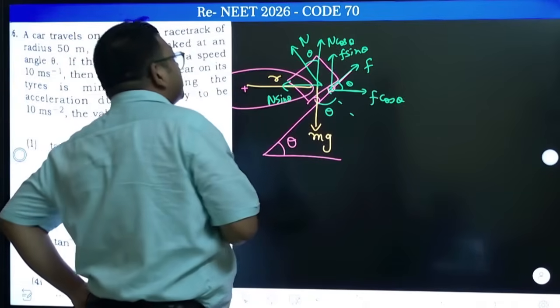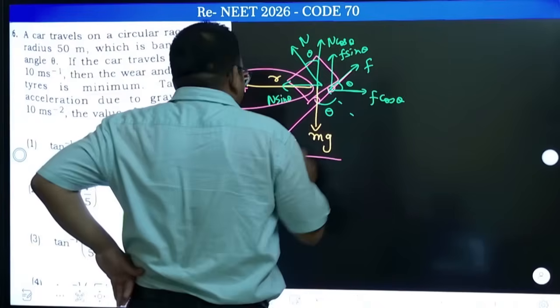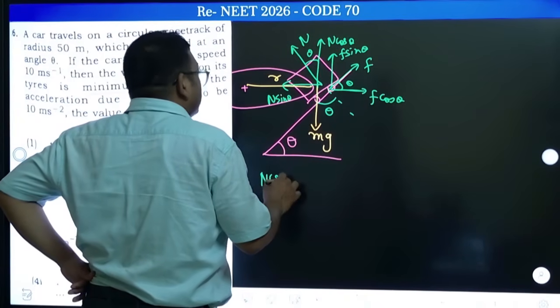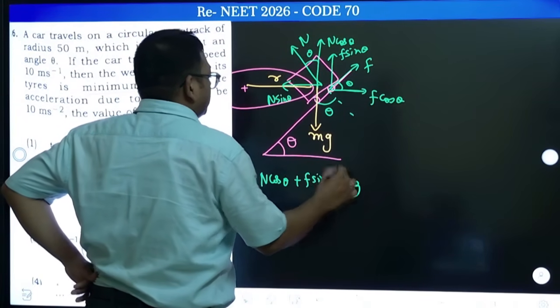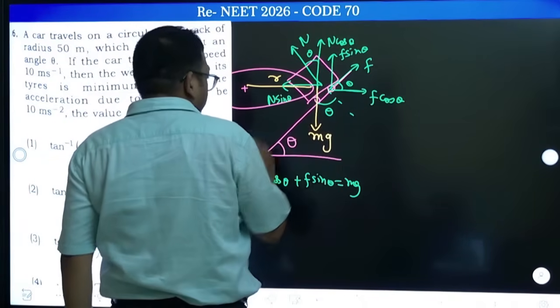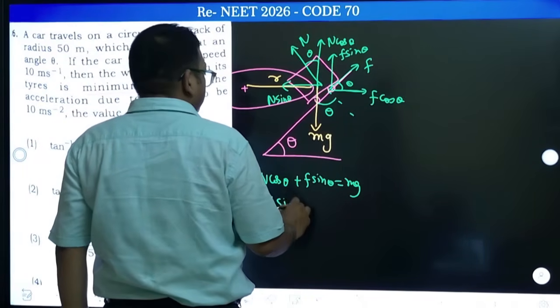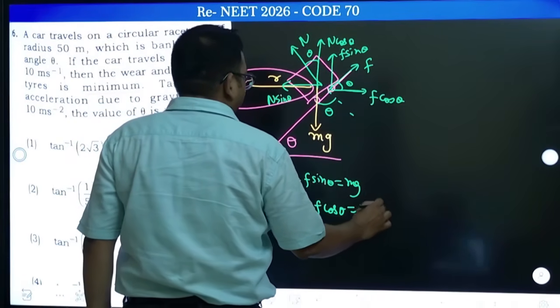Balancing: normal cos theta plus friction sin theta is equal to mg, and in this direction normal sin theta minus friction cos theta is mv square by r.